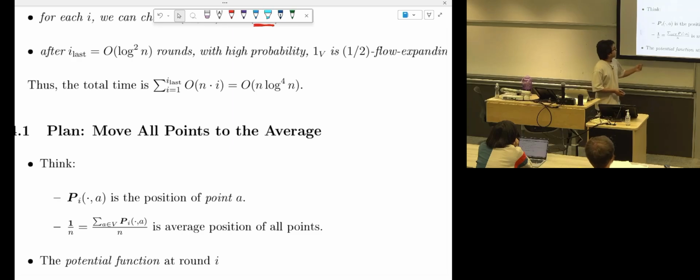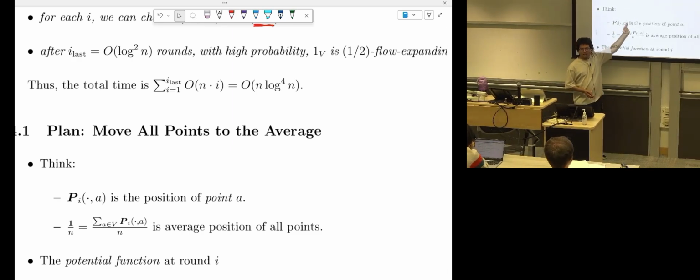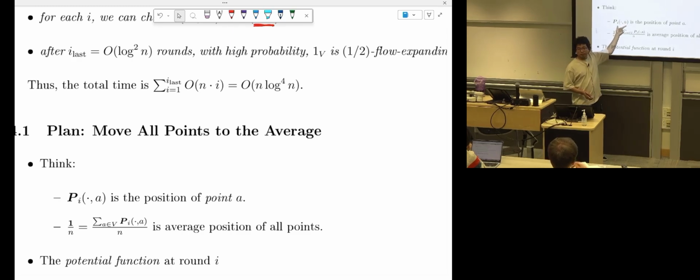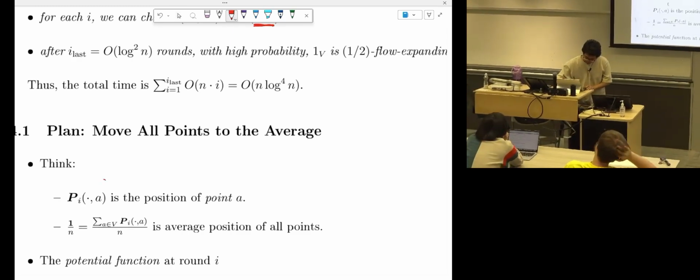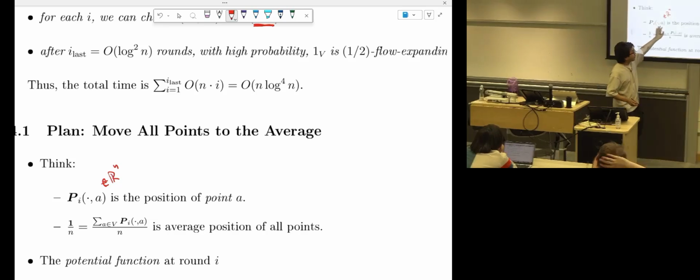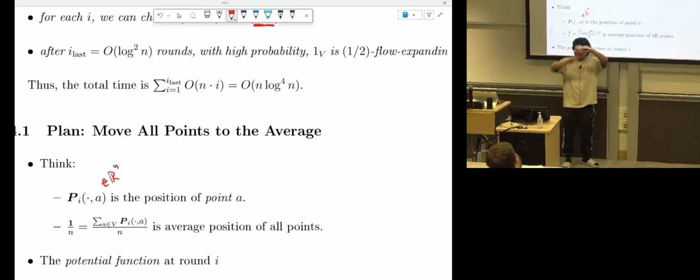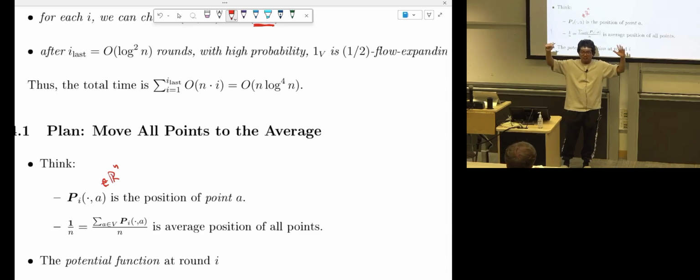Think of this column of A as an n-dimensional vector, in R to the n. Think of this as the position of point A, of node A, in n-dimensional space. So each node is a point in n-dimensional space.